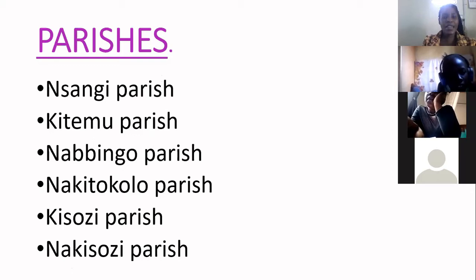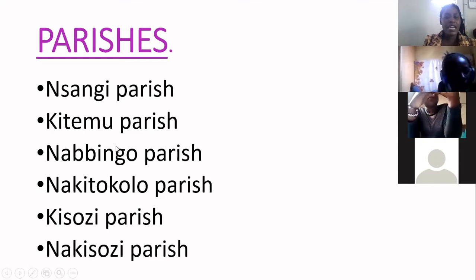Then we have another one apart from Nsanji. We have Chitemu Parish. Then another parish, we have Nabingo Parish. Now these parishes are for the people in Chengera or our Nsanji branch. For them, they are in Nsanji Parish.